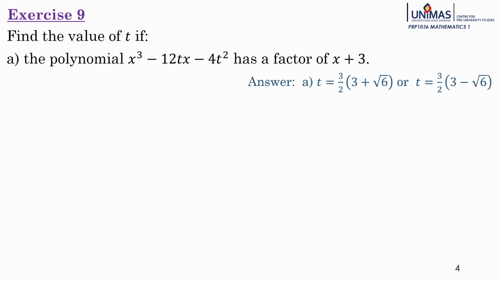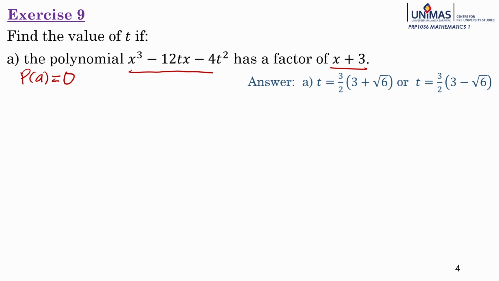See exercise 9. Find the value of t if this polynomial has a factor of x plus 3. Remember the formula of the factor theorem, P(a) equals 0. So a here we substitute as negative 3. That means P(negative 3) equals 0. Then we substitute negative 3 into x here. So we get negative 3 cubed minus 12t times negative 3 minus 4t squared equal to 0.